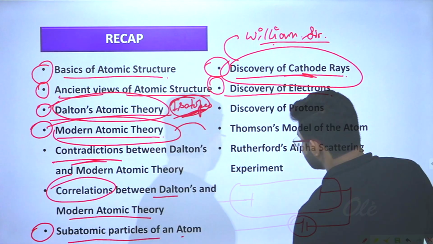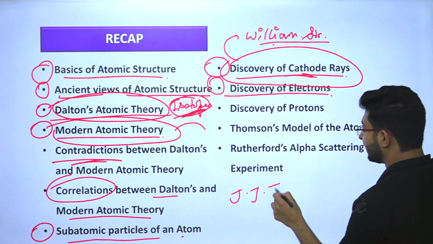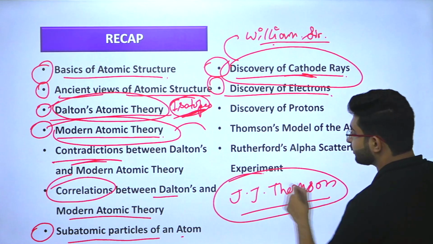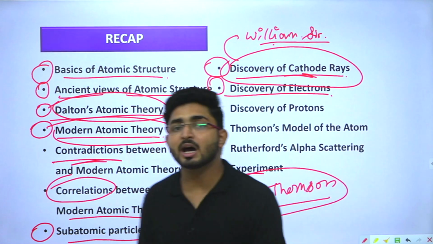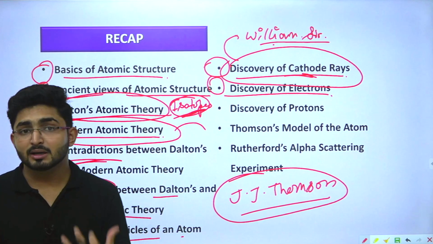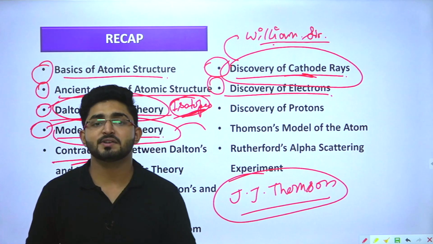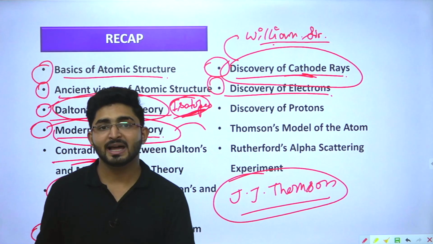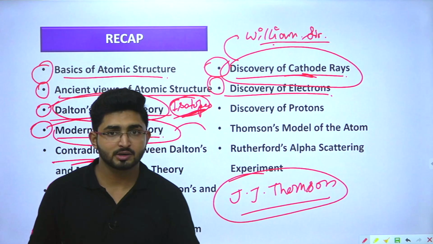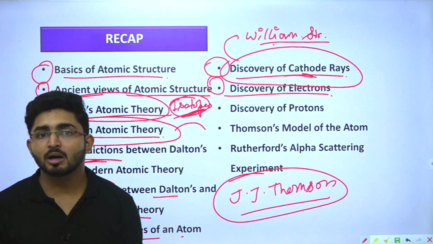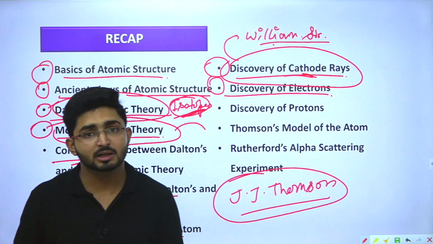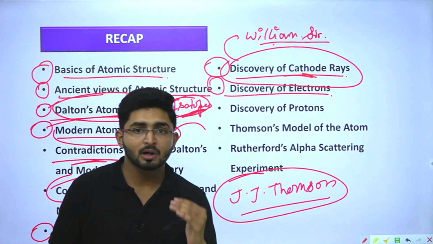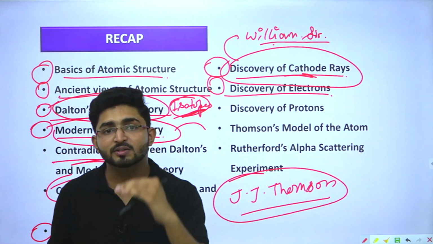Afterwards, who came? J.J. Thomson came, and he discovered electrons. He discovered electrons, but how? He studied or he observed the characteristics of cathode rays by applying electric and magnetic field, by applying some objects in the path of cathode rays, and he stated that cathode rays consist of negatively charged particles, because when he applied electric field, he saw that cathode rays just deflected towards the positive terminal.